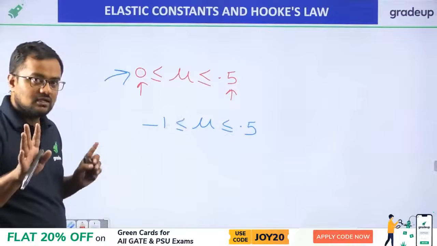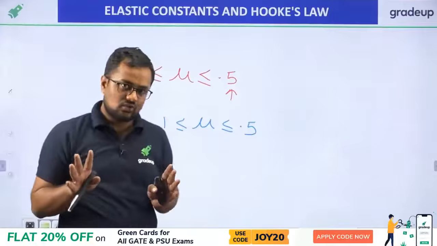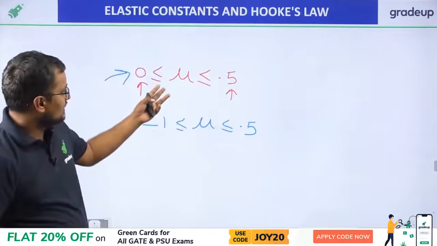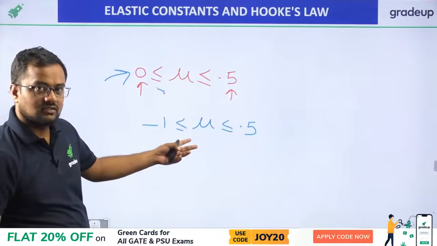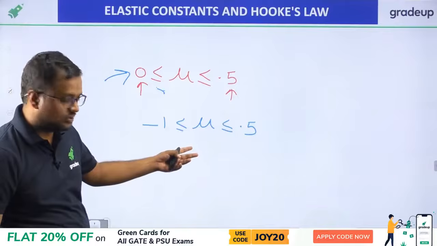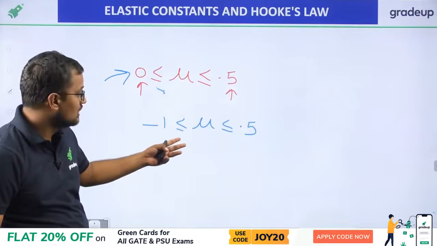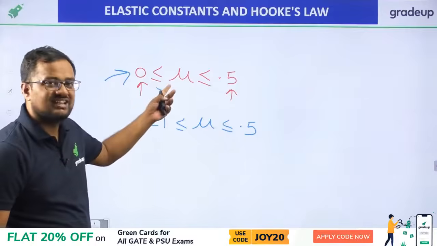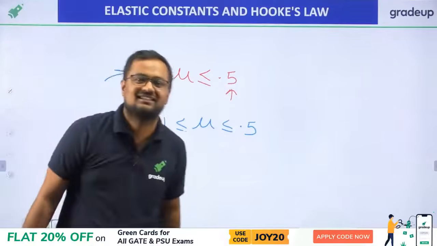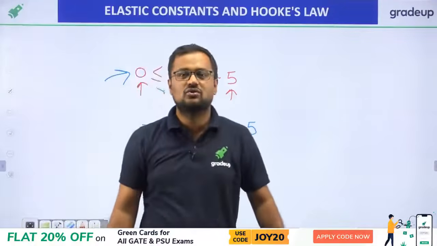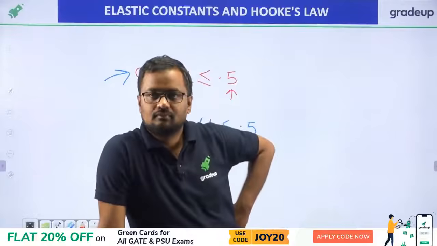I am again saying, first GATE asked a question, most of you wrote this, but the answer was that. Then again after 5 years, because you had seen the previous solution, you wrote this, but now they gave a different answer. So what answer do you have to write in the exam?